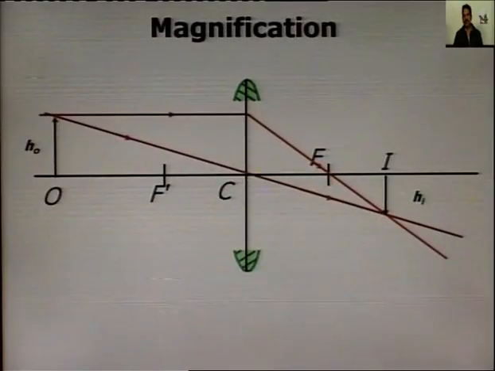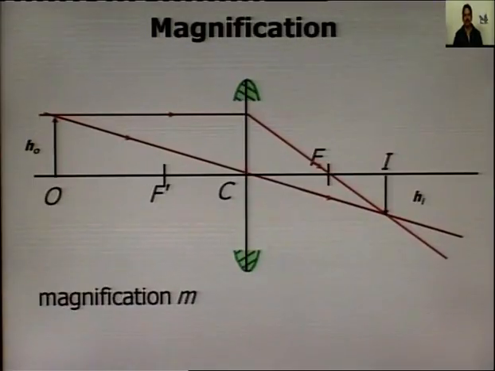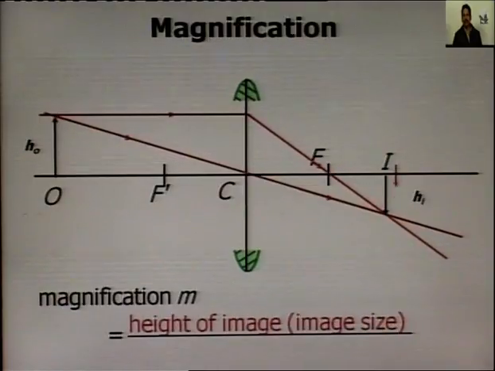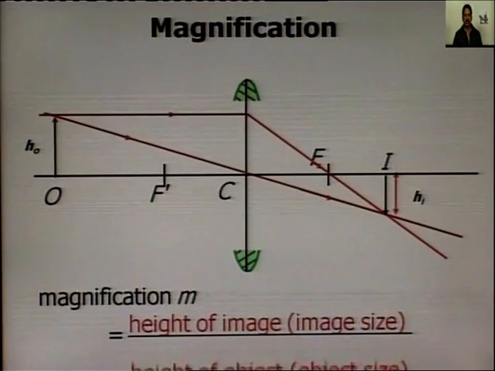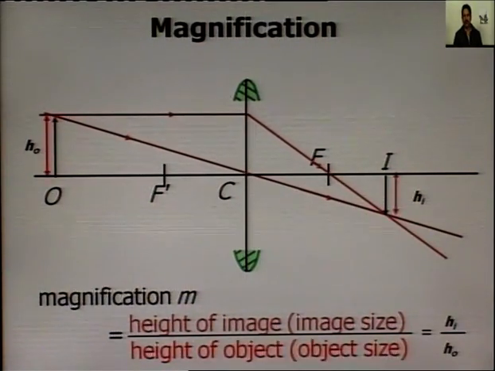Now, let us discuss the magnification of a lens. Magnification or magnifying power of a lens is defined as the ratio of the size of the image to the size of the object.